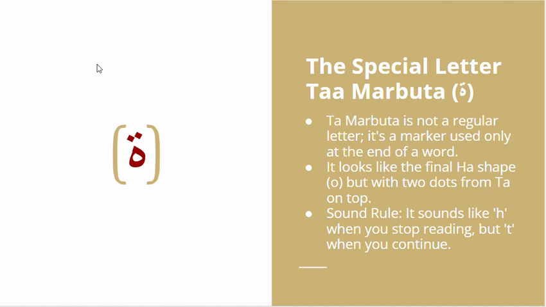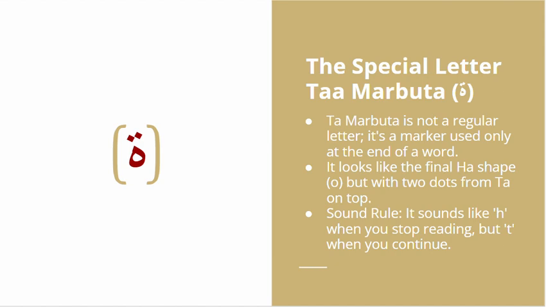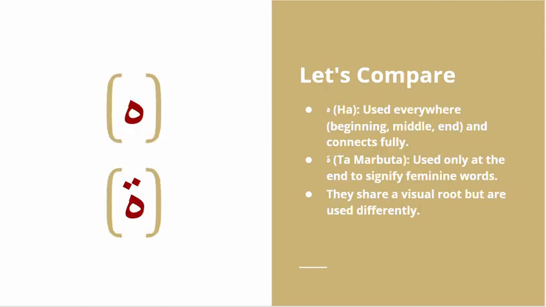Okay, we will go over it over and over again. I just wanted you to know the difference, that this changes sound between ha and ta. Sometimes it's pronounced ha, sometimes it's pronounced ta. Here are both of them together.